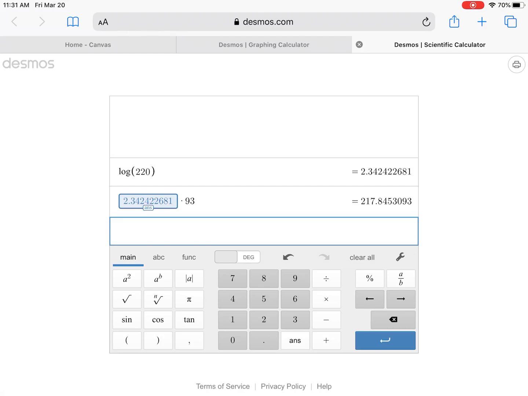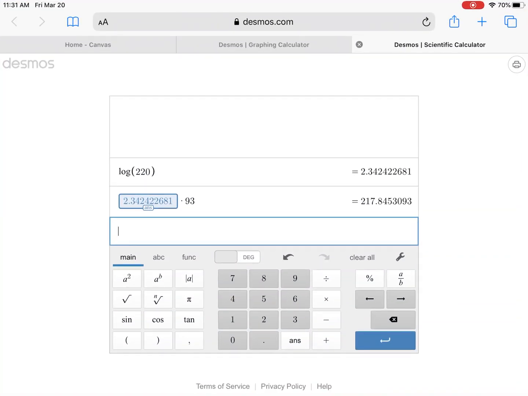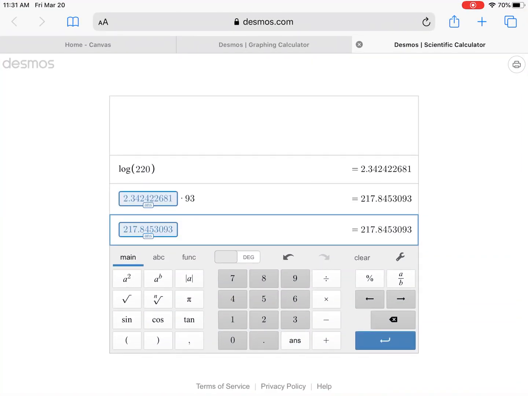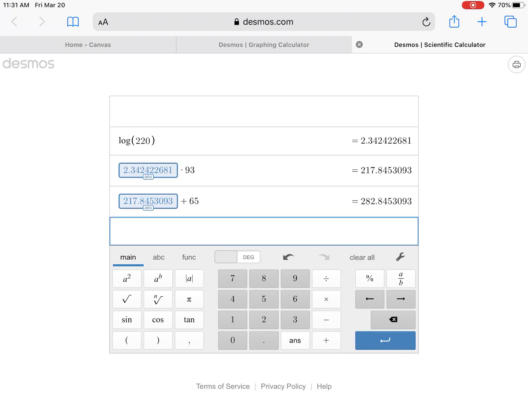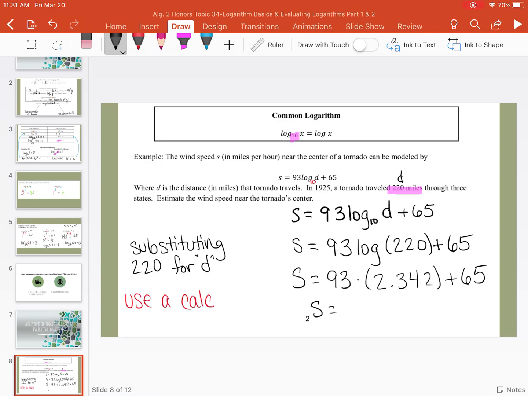After that, we are asked on our PowerPoint to add 65 to that. So we take that answer and add 65 to that, and get our new answer of 282.845. So S here equals 282.845. So that is our value.